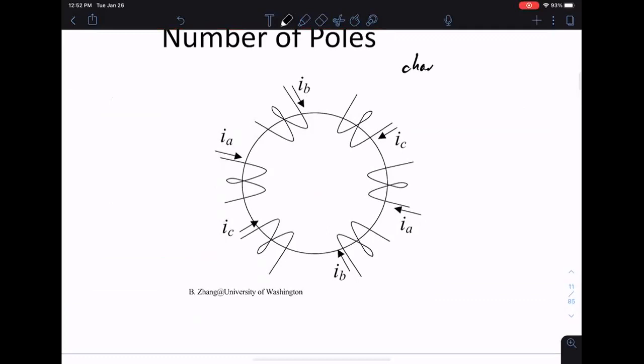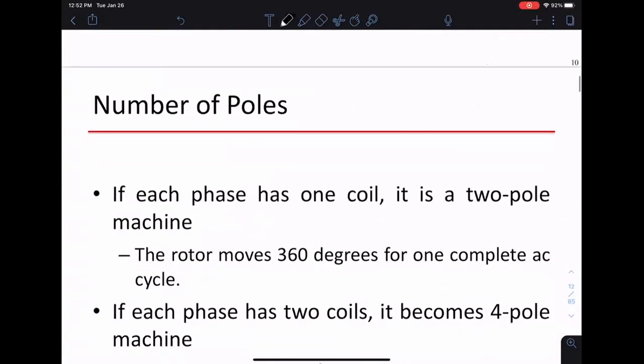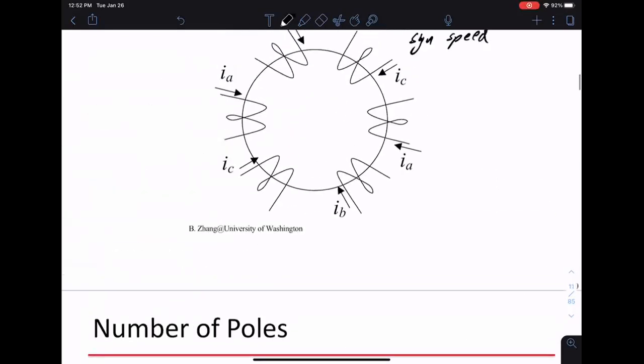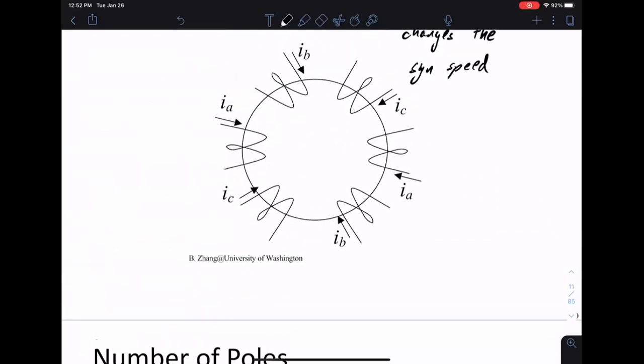So this changes the synchronous speed. Why does it change the synchronous speed? Well, you basically have to rotate twice to see one complete picture. If you only have one AC pole, one three-phase circuit, then you're symmetrical for every AC rotation.